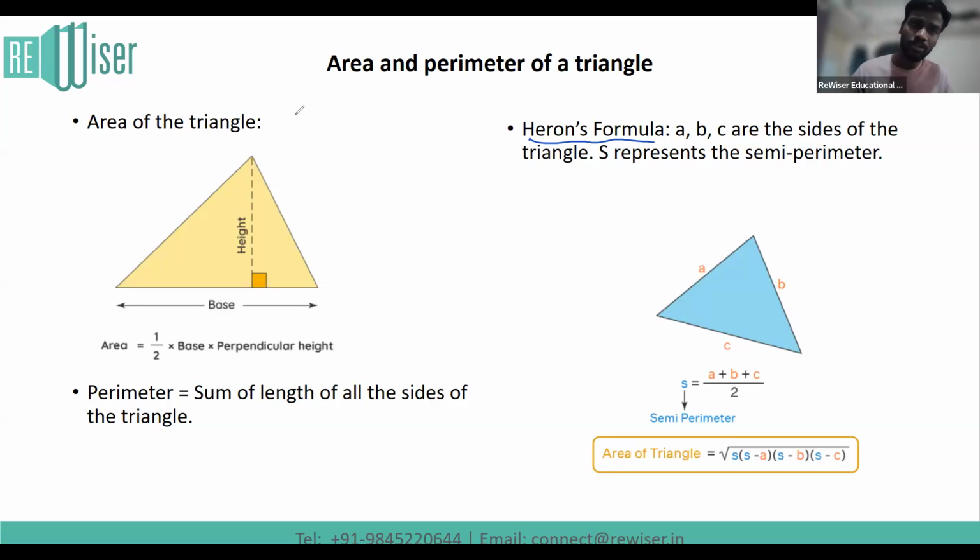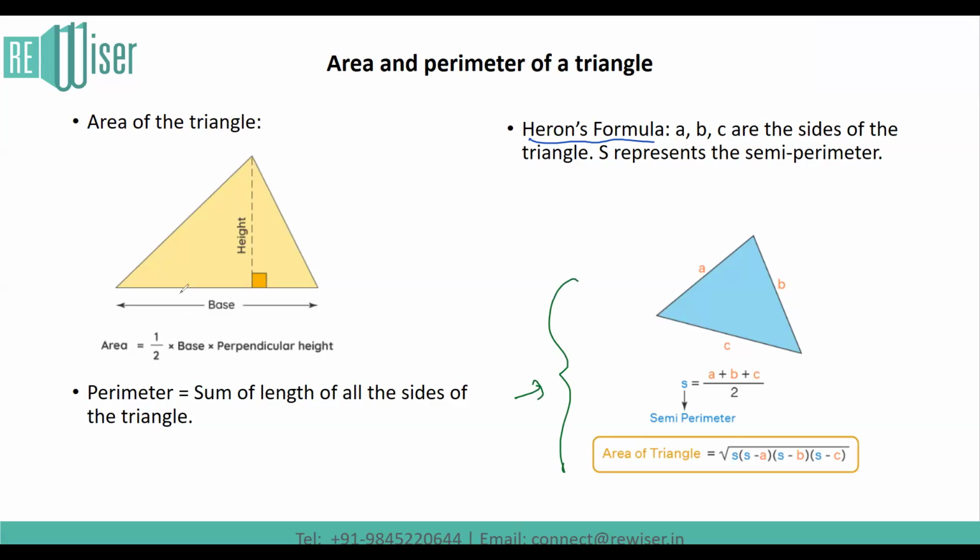Can you just make a note on this Heron's formula? I hope this area of a triangle you must be very comfortable with. Just make a note on Heron's formula. Okay.